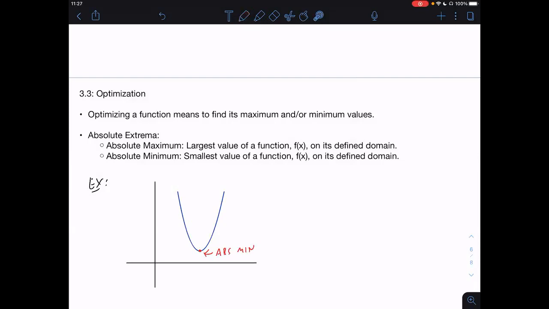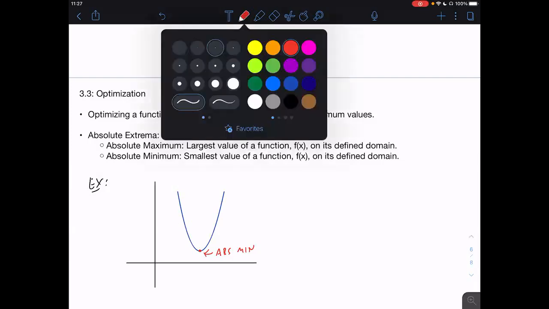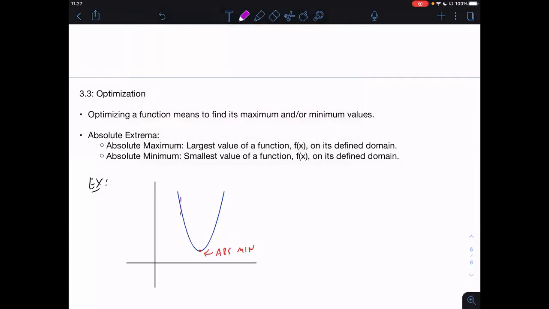Okay, but if we look at this section of the graph, then this point here will be the absolute minimum of this function within this interval from A to B. But let me just draw this in general for now. Suppose we had a downwards parabola.